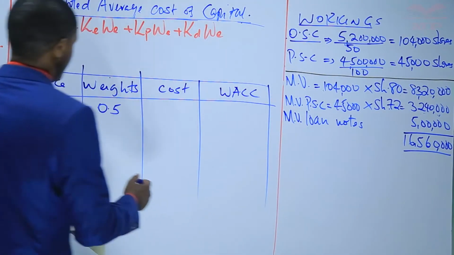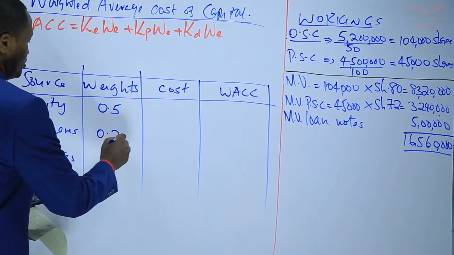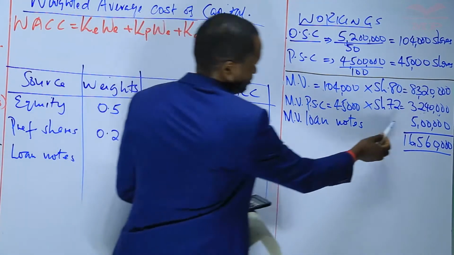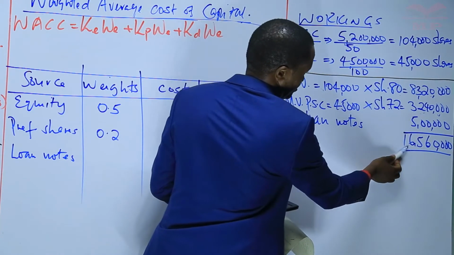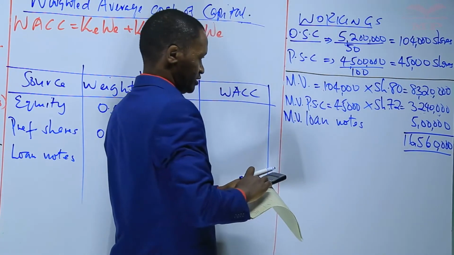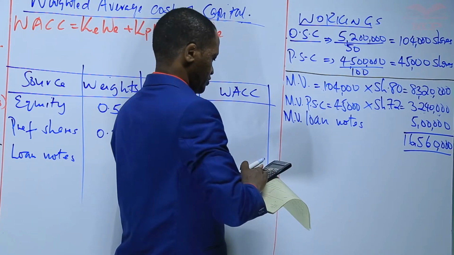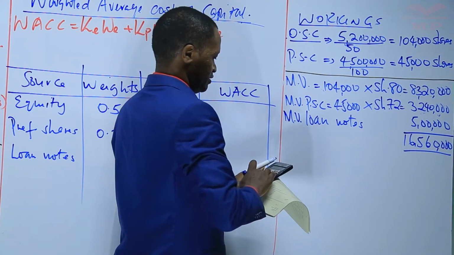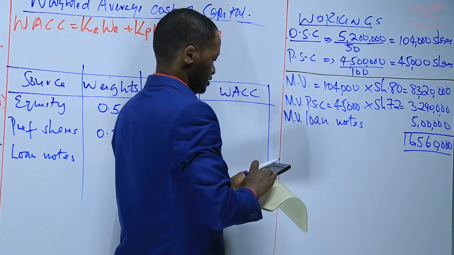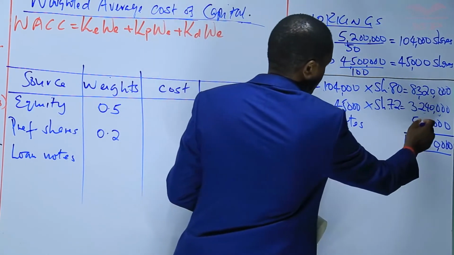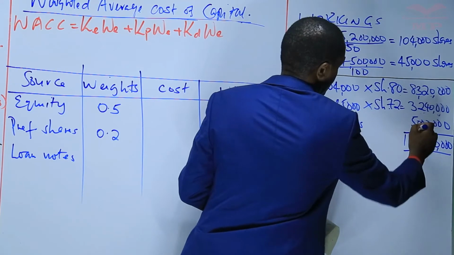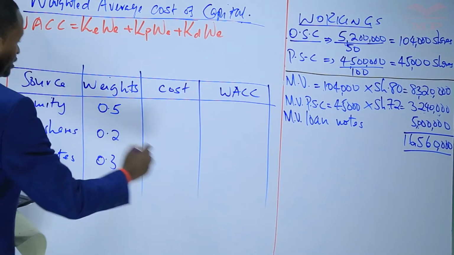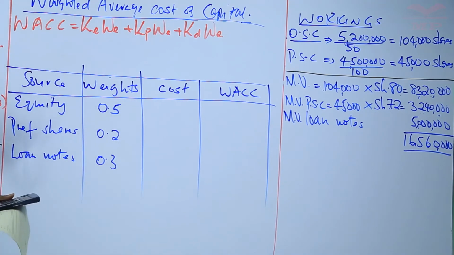The weight here is 0.2. How about loan notes? I'll take the 5 million divided by 16,560. 5 million divided by 16,560 is 0.3. So these are weights.